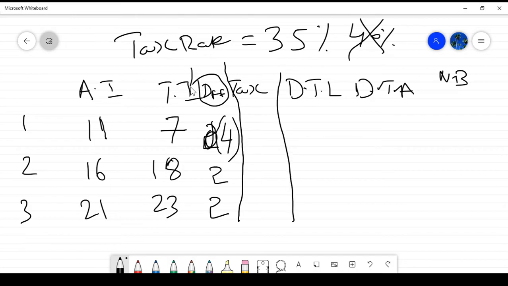Tax is calculated on taxable income. Tax rate, I said, is 35%.